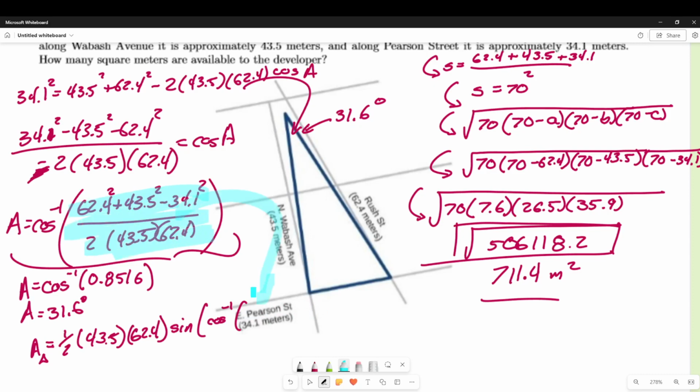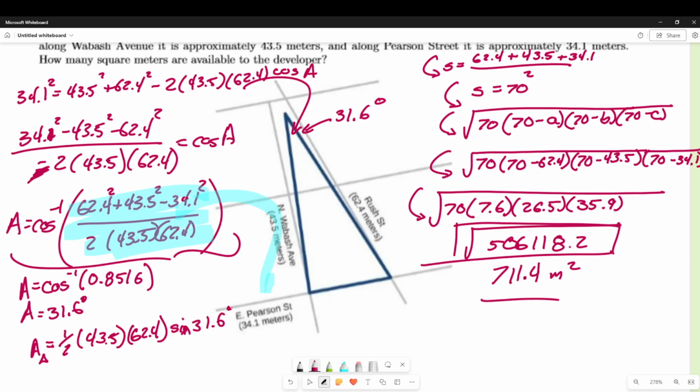Plug that in there, and then you're completely exact, which is nice, but I think we'll just do the 31.6 here. Sorry, just the sine of that 31.6. But just to be clear, you can stay very exact if you need to.